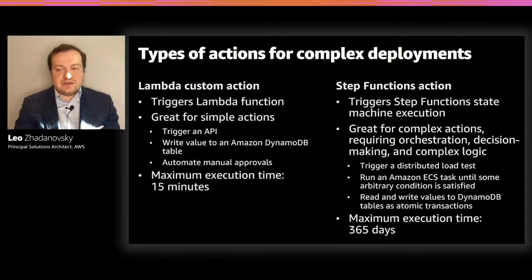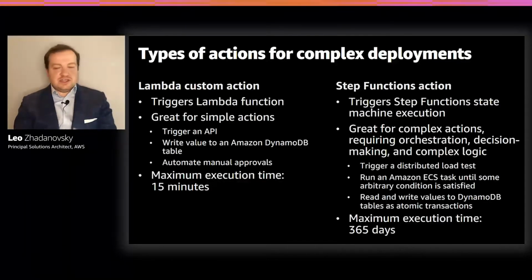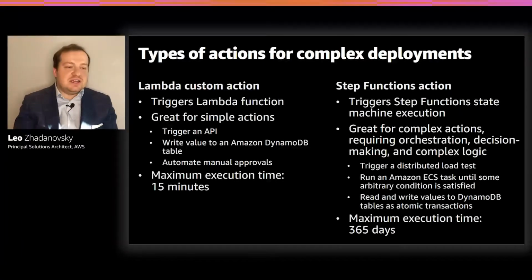So for such a complex deployment, you have a few options. The simpler option is just to use a Lambda custom action. All this does is trigger a Lambda function in your CodePipeline. This is great for things like triggering a third-party API, writing a value to a DynamoDB table, or automating manual approvals.